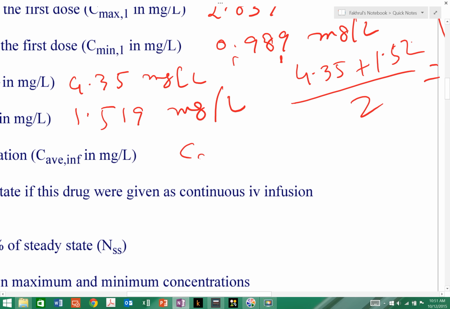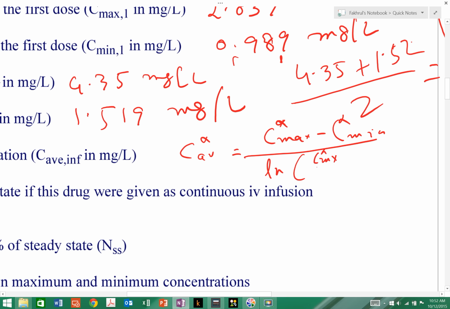C average is equal to Cmax minus Cmin divided by the natural log of Cmax infinity and Cmin infinity.